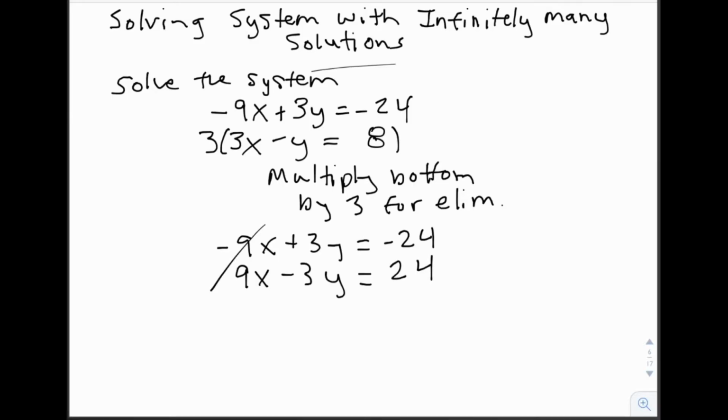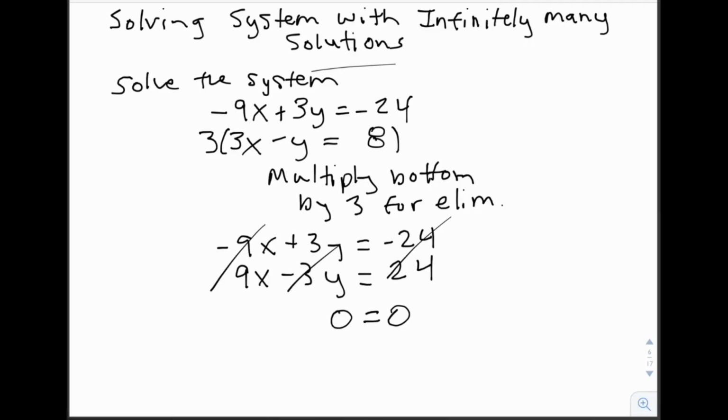So the -9x and the +9x, as well as the +3y and the -3y, will cancel out, and then the -24 and the +24 will cancel out. That will leave us with 0 equal to 0, which does make sense, but it also means that we are left with an infinite number of solutions.